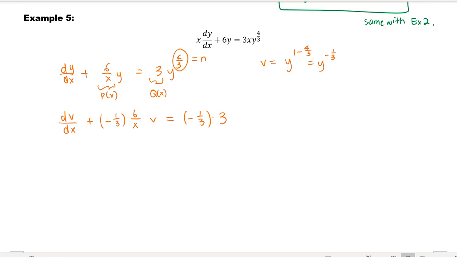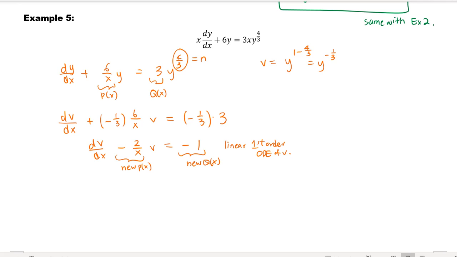Okay, so this is the same as saying dv/dx minus 2 over x times v equals minus 1. And then this is our new p of x, and this is our new q of x. Now this is the linear first order ODE of v.